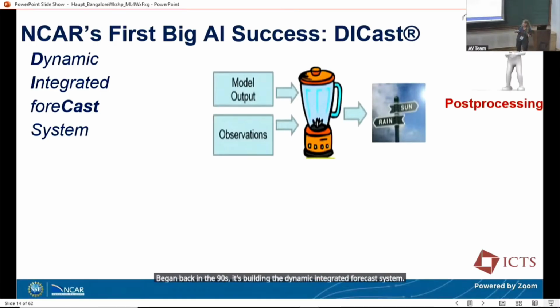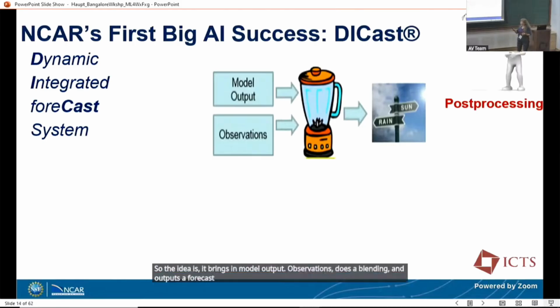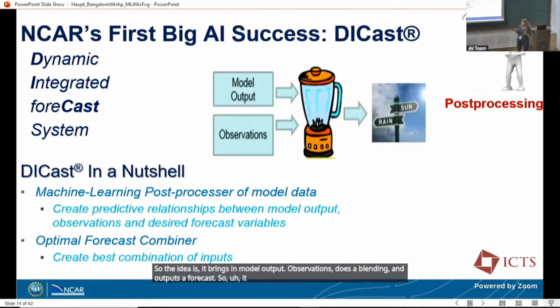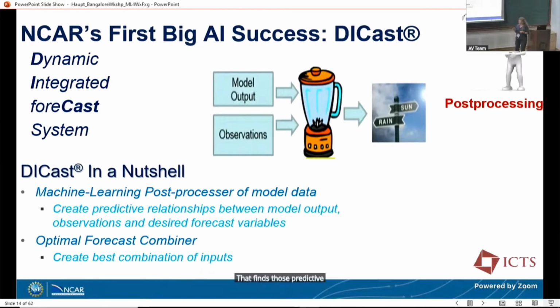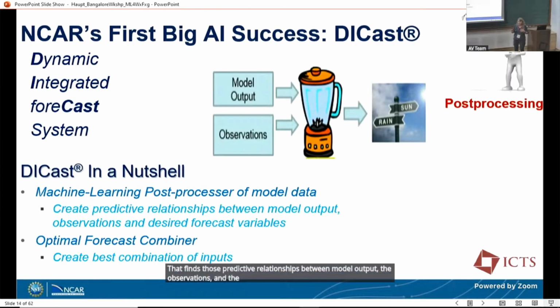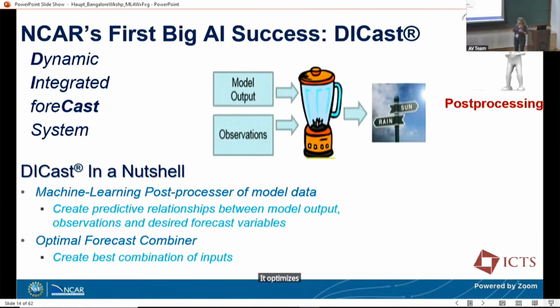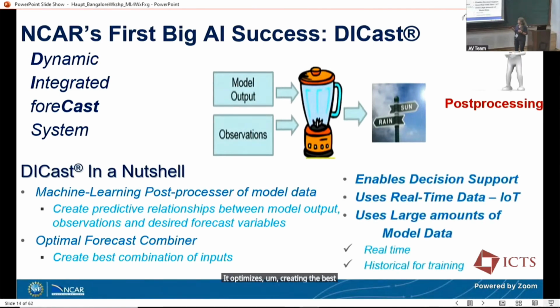So the idea is it brings in model output, observations, does a blending, and outputs a forecast. So it's a machine learning post-processor that finds those predictive relationships between model output, the observations, and the desired variables that you want to forecast. It optimizes creating the best combination of inputs.